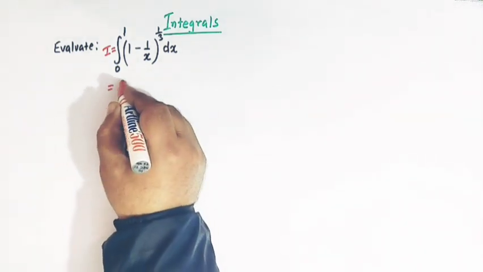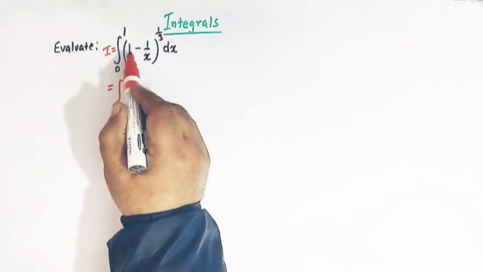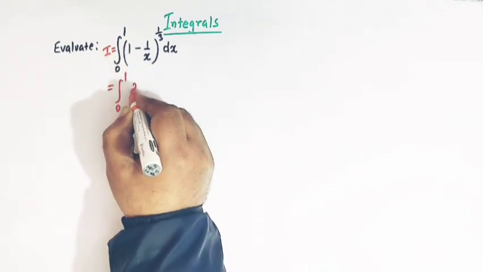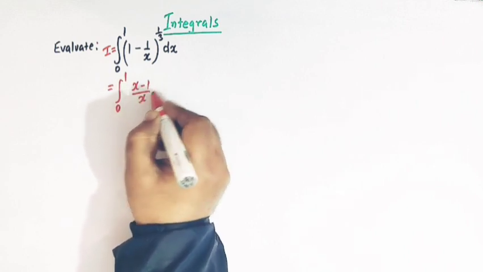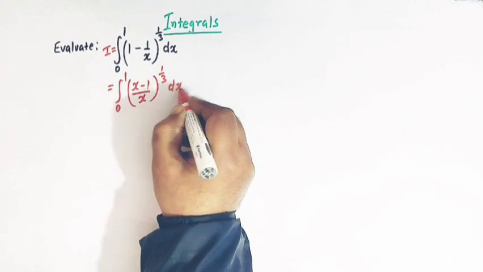So let us rewrite this integral as 0 to 1, and here we can write 1 minus 1 over x as (x minus 1) over x, raised to 1 over 3, right?